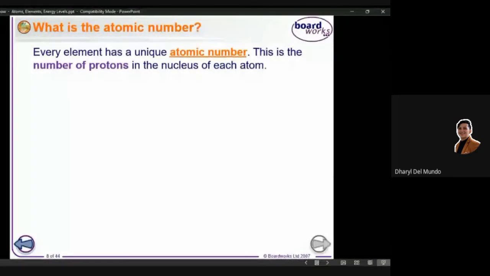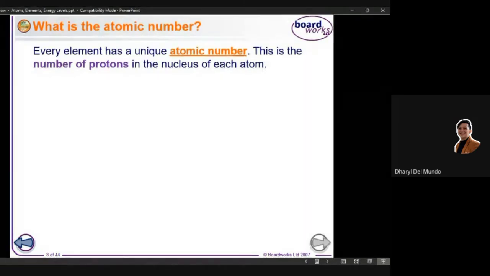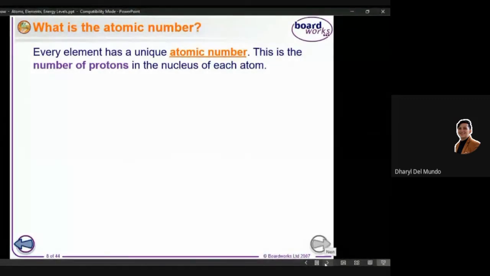Remember that each atom has its own number of protons and number of electrons, and that is also related to their atomic number. For example, hydrogen is number one in the atomic number, so it has one proton.